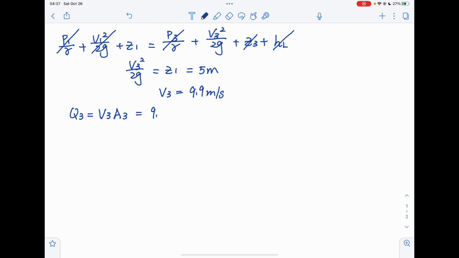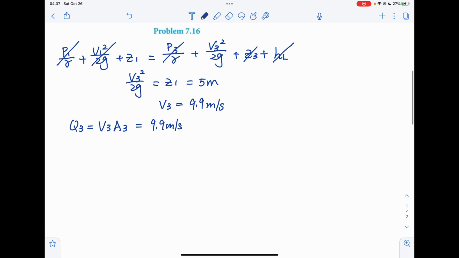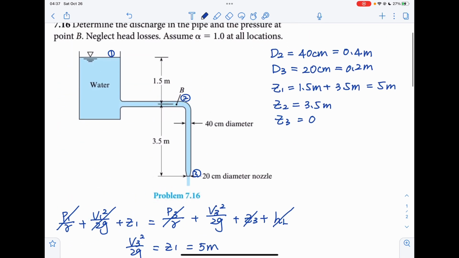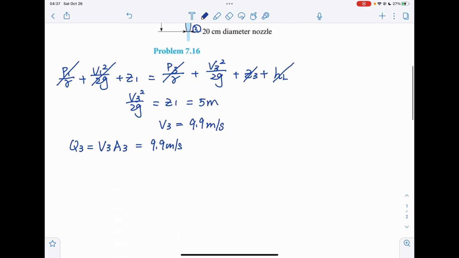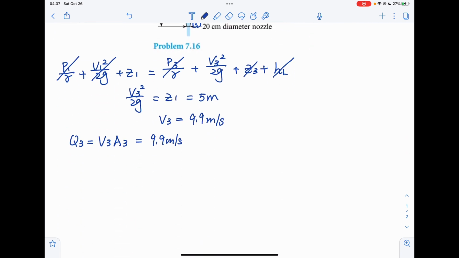V3 is 9.9 meters per second, and for the area of point 3, I'm going to use the diameter here, which for a circular pipe is pi over 4 times the diameter, 0.2 meters, squared. So our Q is 0.311 cubic meters per second.